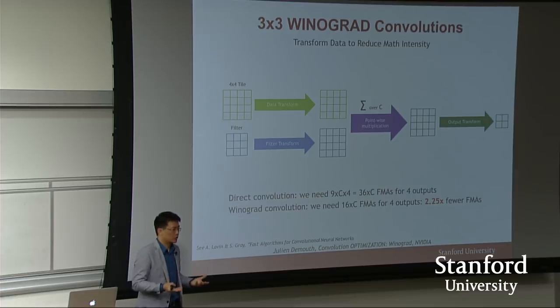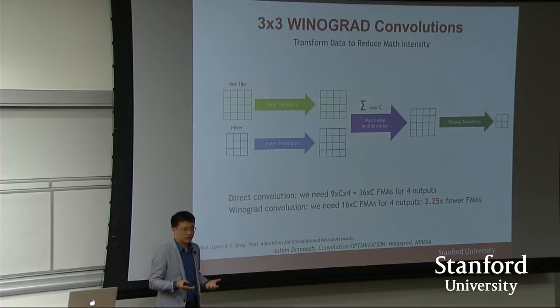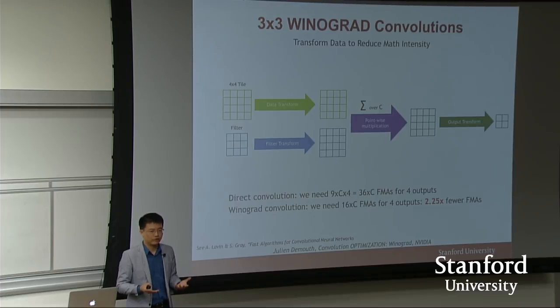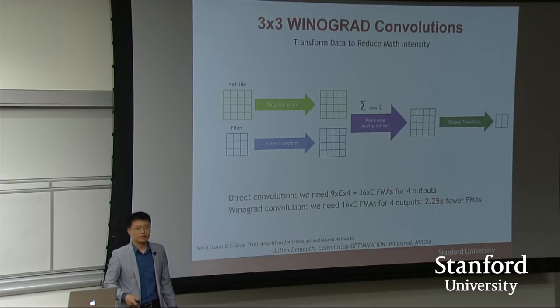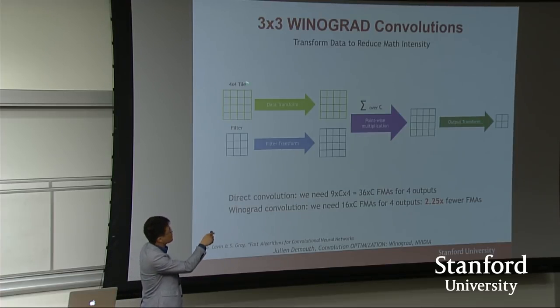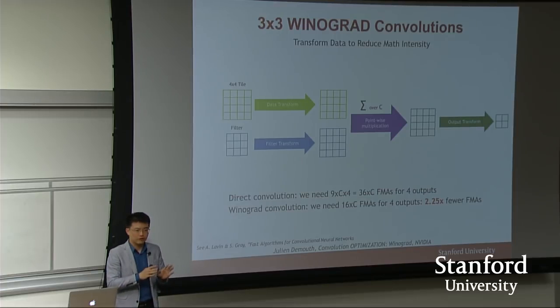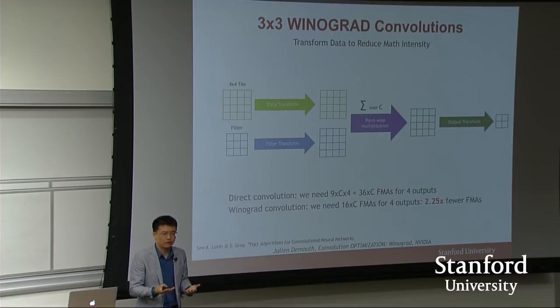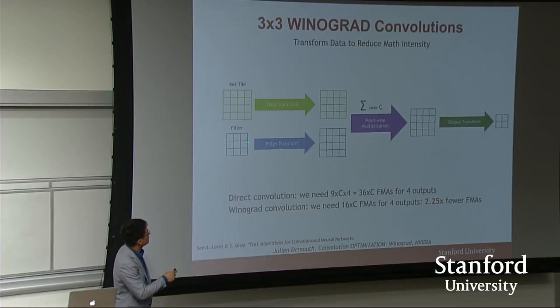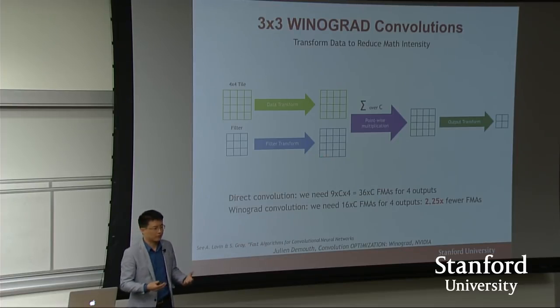Winograd convolution is another, equivalent method. It is not lossy, it's an equivalent method. It was proposed first in the paper Fast Algorithms for Convolutional Neural Networks. Instead of directly doing the convolution, moving it one by one, it first transforms the input feature map to another feature map, which contains only weights like 0.5 and 2 that can be efficiently implemented with shifts, and also transforms the filter into a 4x4 tensor.